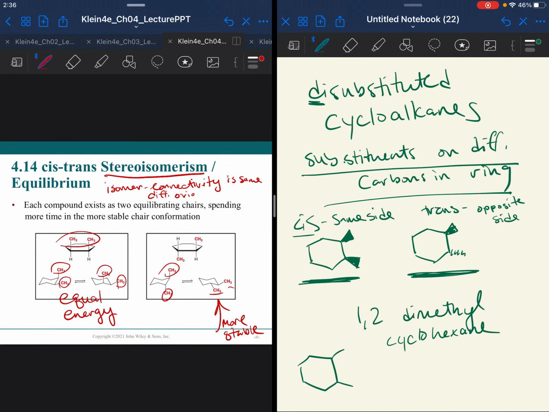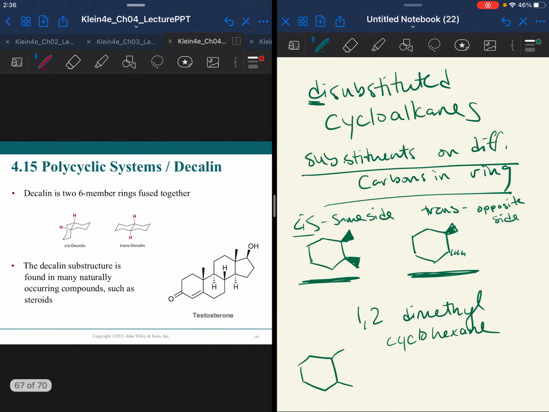But there is a different orientation in space. So a different spatial arrangement that you can't just twist or flip to get back and forth between. In this case, we are locked in place because it's a ring. They're single bonds, and single bonds can usually rotate, but since it's in a ring structure, you can't rotate it without breaking the ring open.